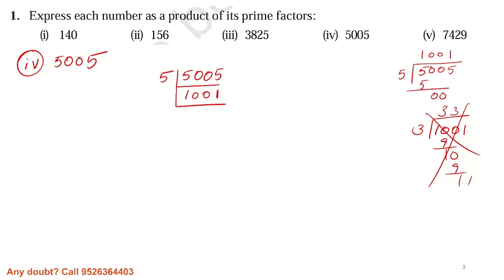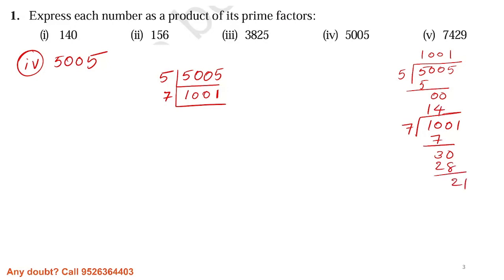So we can try 7. Let me divide by 7. 7 is a prime number, right? 1001 divided by 7 is 143. Yes, correct.